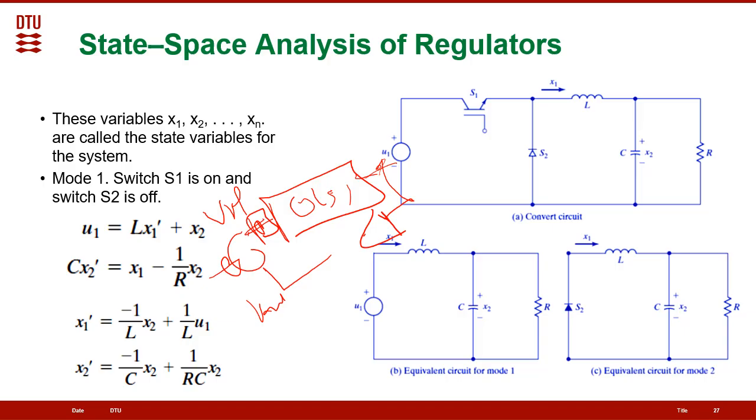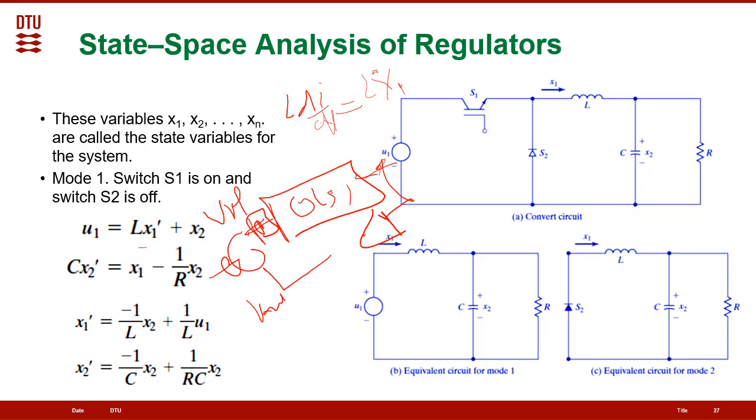So during mode 1, we can write KVL. As you can see in KVL, we assume that the input source is equal to U1. So U1 will equal the voltage across the inductor. How much is the voltage across the inductor? It's equal to L di over dt. But now you can see that we select i to be x1, so it will equal L x1 dot, plus the voltage across the capacitor.